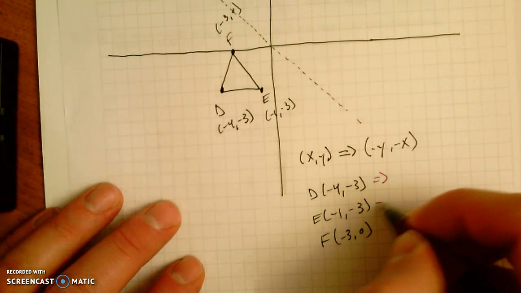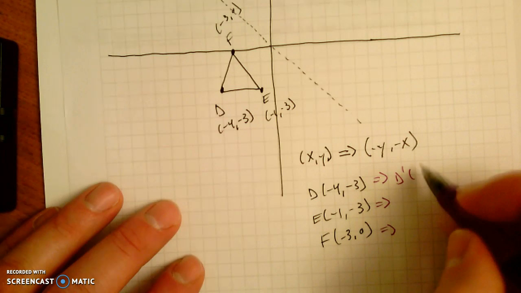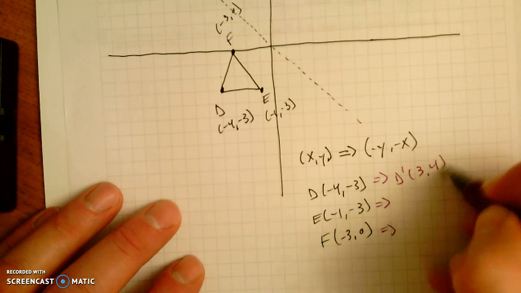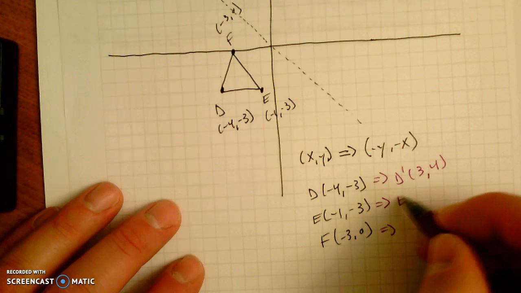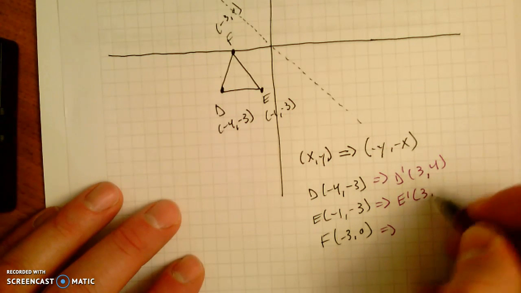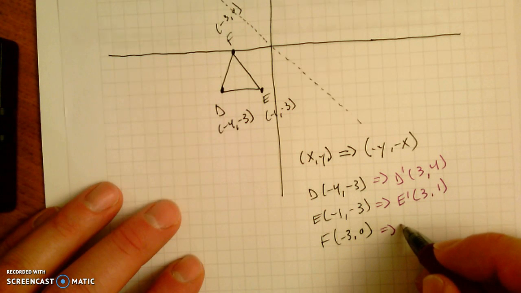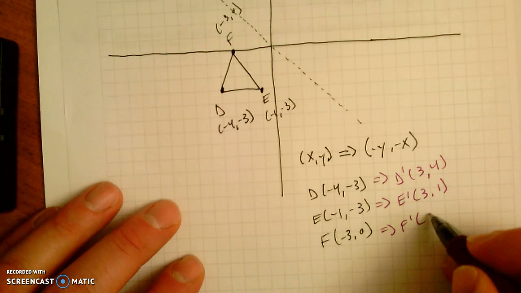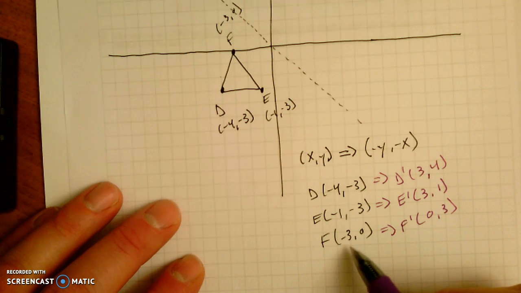These become D prime, 3, 4, because the coordinates switch and they both become positive. E prime, 3, 1, and F prime, 0, 3, except of course the 0 wasn't positive to begin with.